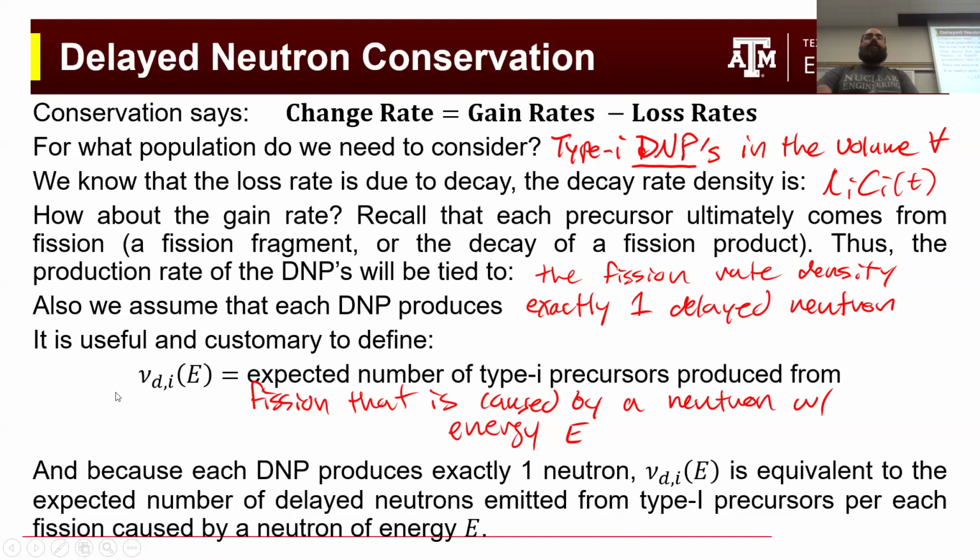It's telling me about the number of delayed neutron precursors of type i that come out every time a fission happens from a neutron at energy E.